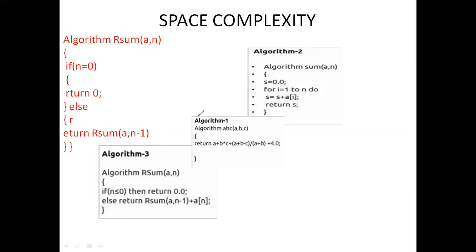So the fixed part is a, n, and return in this example. Okay, so what is the variable part? The variable part here is a of n in this example.